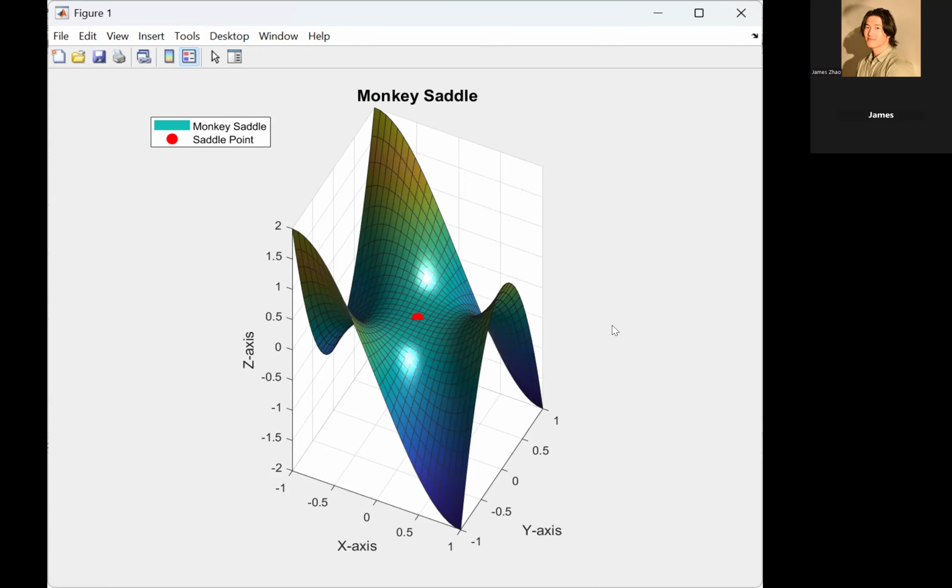Anyways, let's not deviate too much from today's content. I just wanted to show you this because I promised to show you the monkey saddle, and it is a very interesting case of a degenerate saddle point. Let's close this real quick. I believe we are not sharing anymore. Okay. Bear with me.